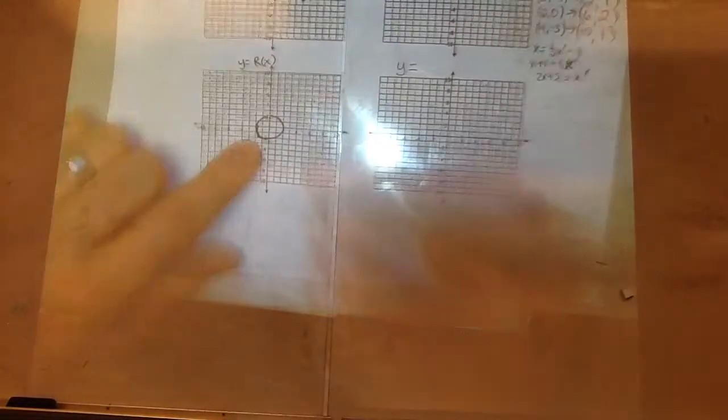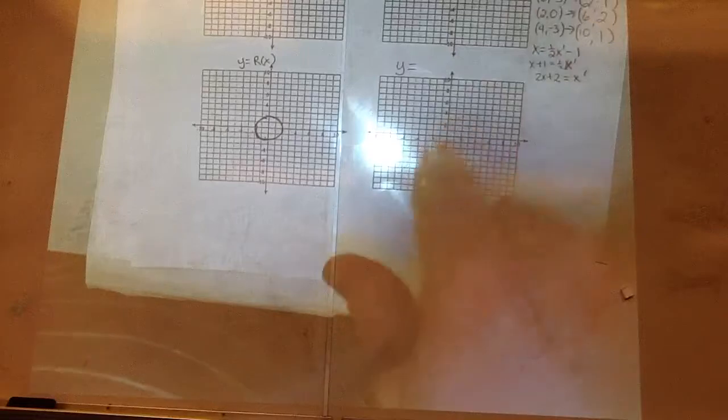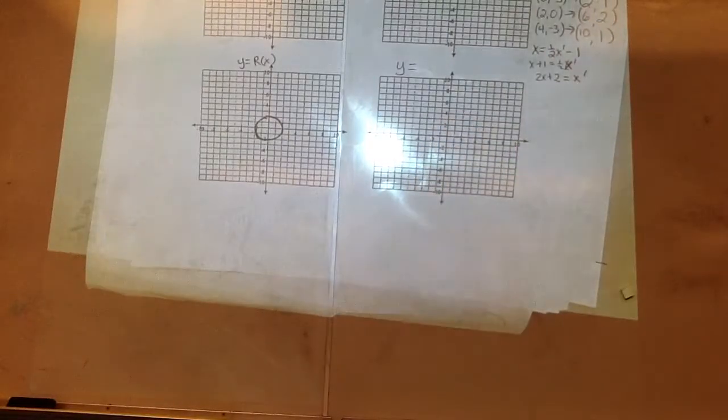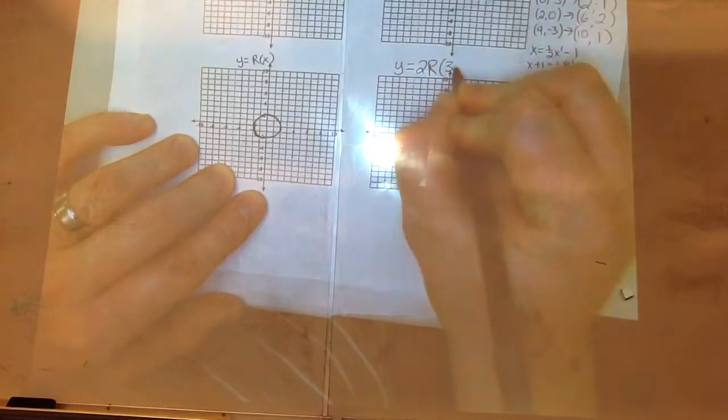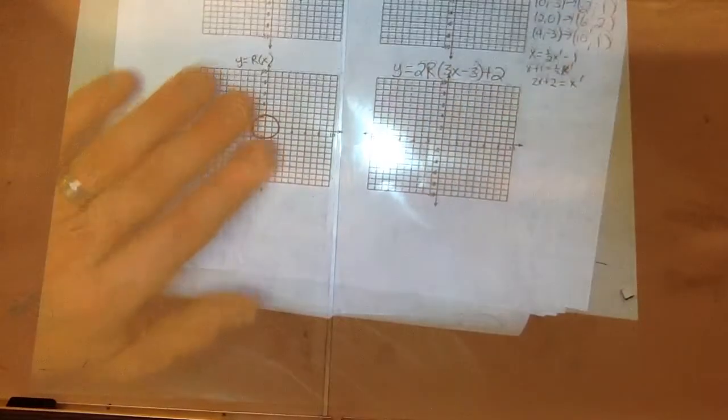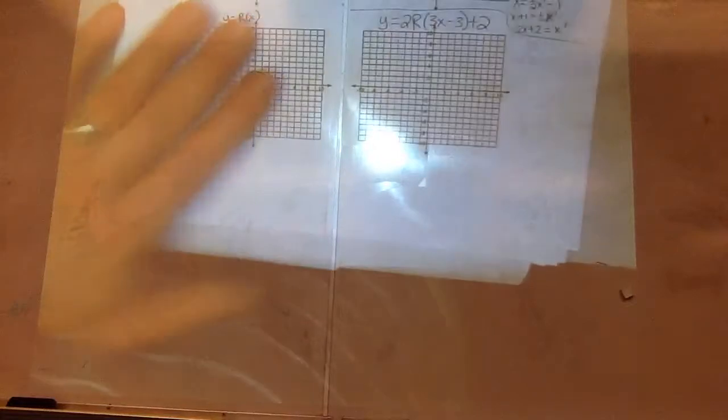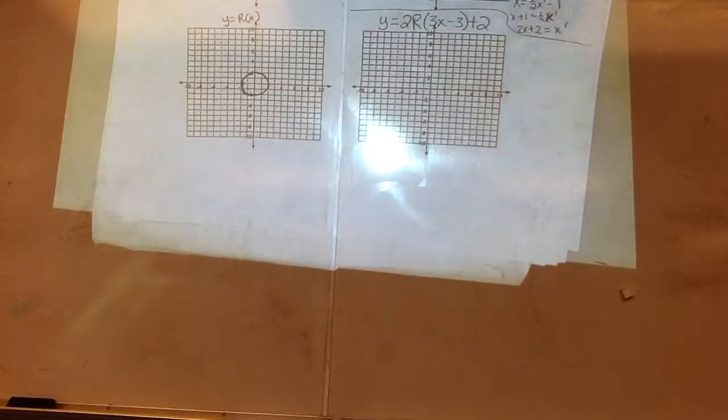Okay, so on this one, hey, we got a circle, which is not a function, but this still works. So we could do the shifting, let's go 2r times 3x minus 3 plus 2. So you want us to write down the points first? Actually, wait, there are 4 points that you know.